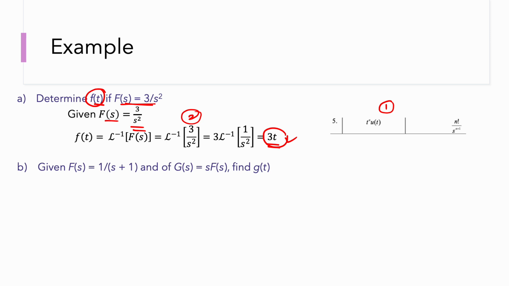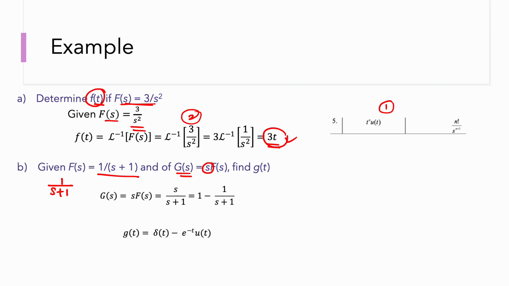All right, so now for the next equation, it's given to us F(s) equals 1 over s plus 1, and G(s) is actually s multiplied with F(s). So our G(s) equals s over s plus 1.